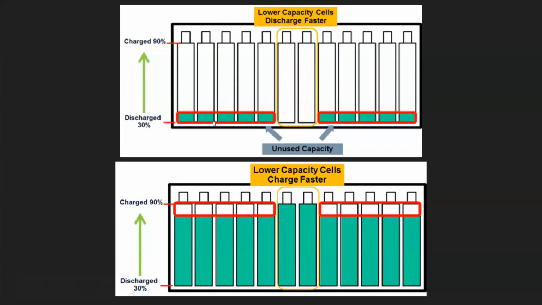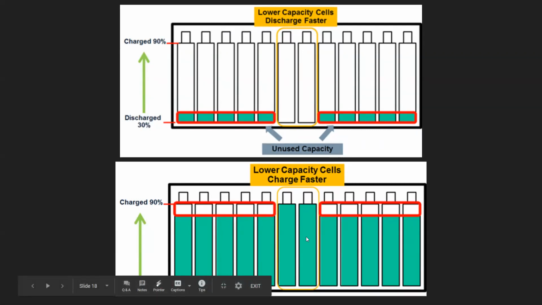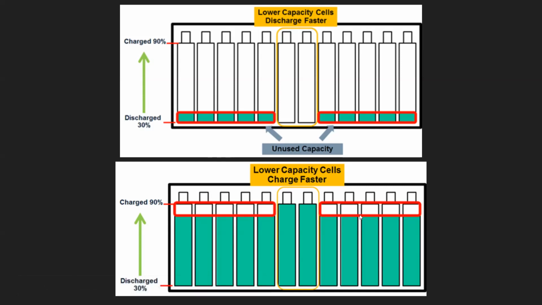But most of the other cells will still have energy in them that cannot be used. And similarly for charging, the lower capacity cells will be charged first, and then none of the other cells will actually get charged fully, which again reduces the capacity of your pack. So balancing is just any technique that keeps the state of charge equal amongst all the cells.